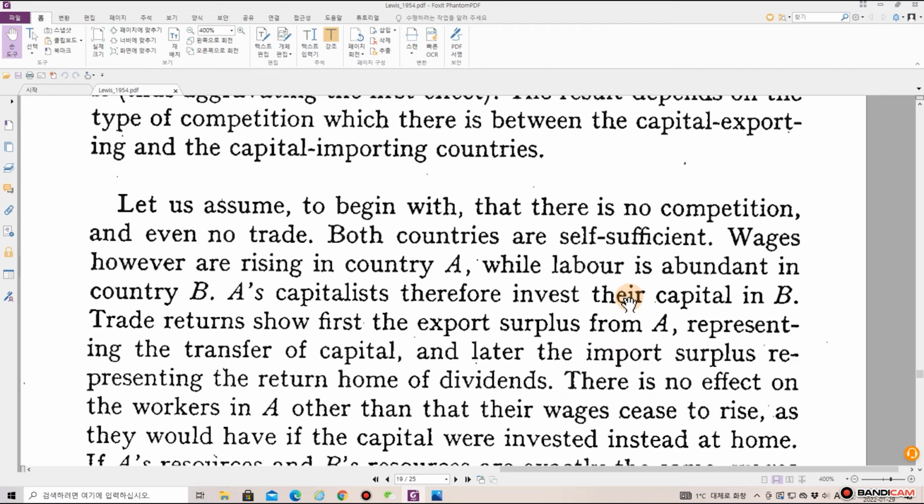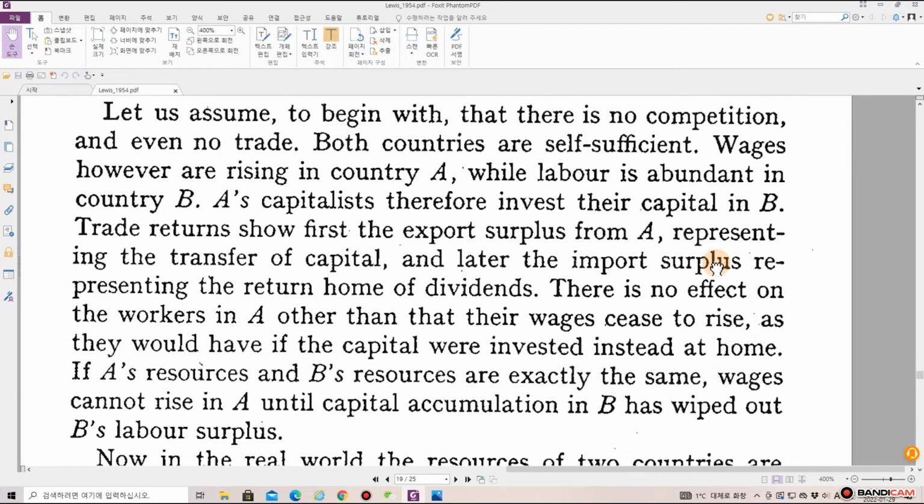Let us assume to begin with that there is no competition and even no trade. Both countries are self-sufficient. Wages, however, are rising in country A while labor is abundant in country B. A's capitalists therefore invest their capital in B. Trade returns show first the export surplus from A representing the transfer of capital and later the import surplus representing the return home of dividend.